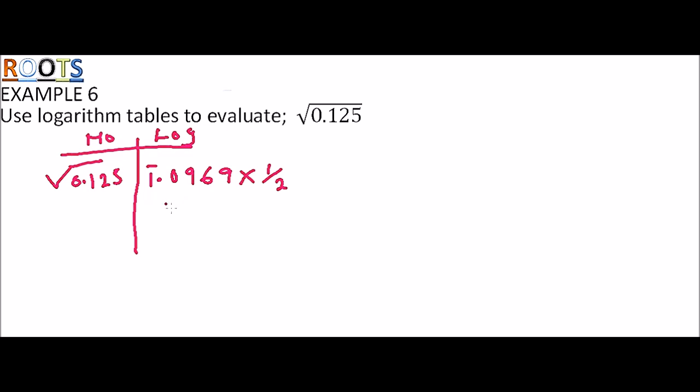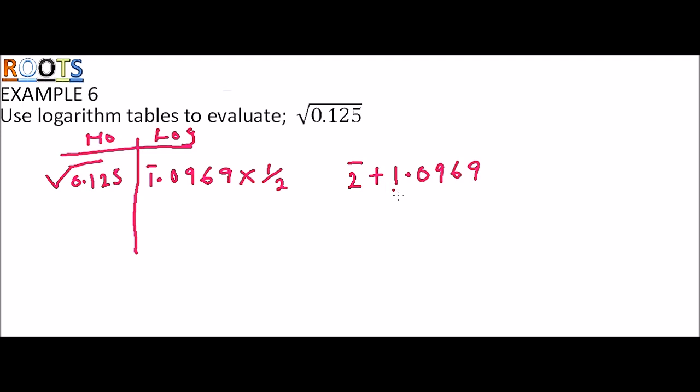This number will give us problems because the characteristic is negative and the mantissa is positive. So we cannot combine this number. In this case, we modify our number. For example, we can write bar 2 plus 1.0969.